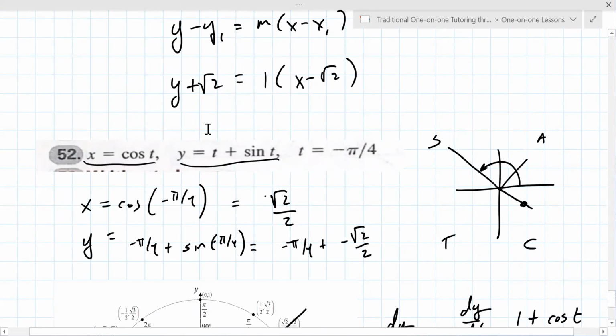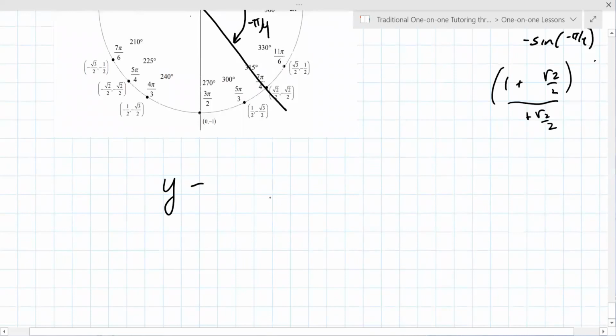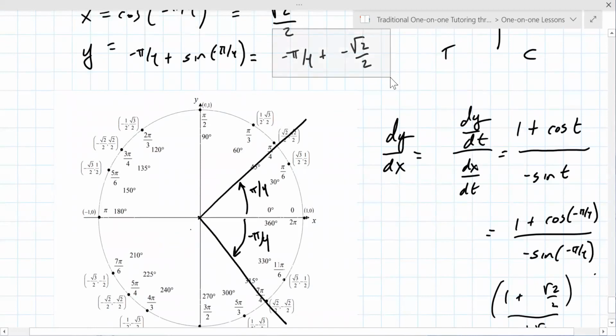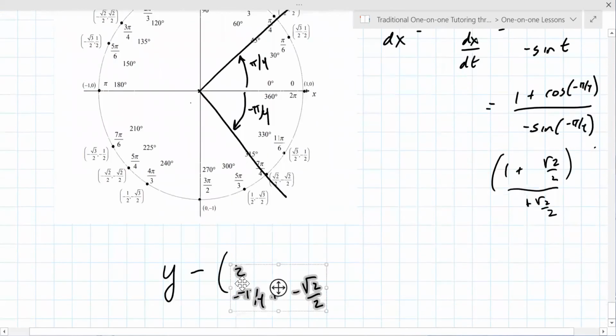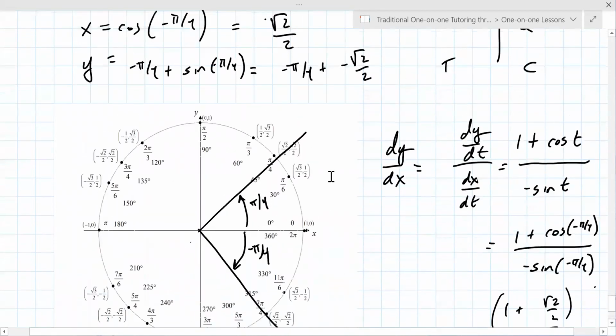Then you would do y minus, I don't remember. Wait, and so y was this at minus pi over 4. It doesn't work out nicely, but it's correct. y minus that equals your slope, which is this whole thing over here, times x minus square root 2 over 2.